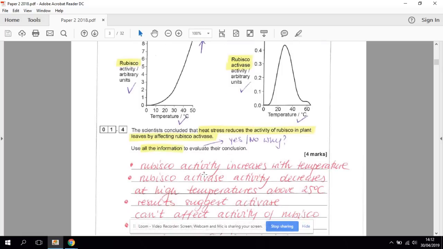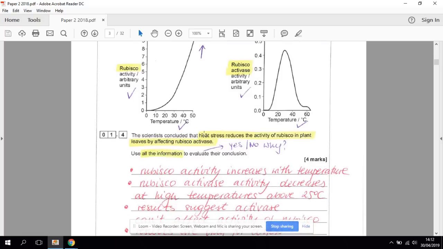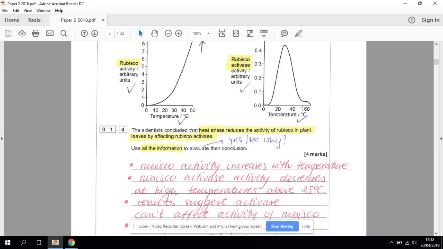So what we can say is that Rubisco activity increases with temperature. Correct. Rubisco activase activity decreases at high temperatures above 25 degrees. We can see that here. And the results suggest that activase does not affect the activity of Rubisco. That's correct.